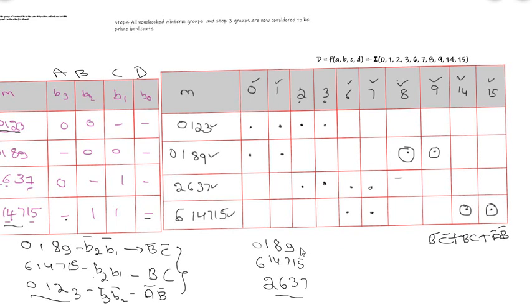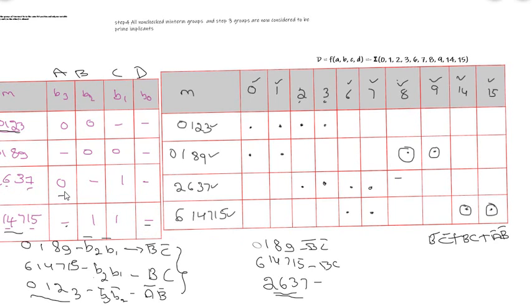Another equation is also possible. Here, instead of 0, 1, 2, 3 we take 2, 6, 3, 7. So 0, 1, 8, 9 is as before, that is B bar C bar, and 6, 14, 7, 15 is BC from before. Now check 2, 6, 3, 7. We can call it 0 bar 1 bar. The bar portion we can leave, leaving 0, 1.